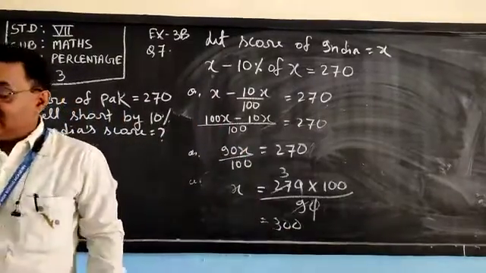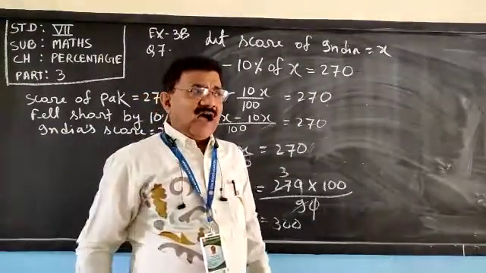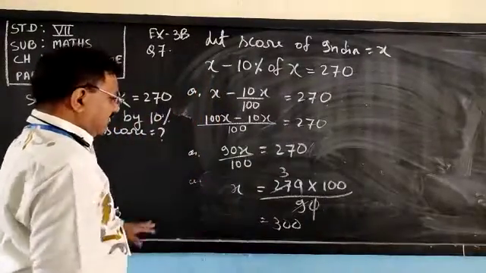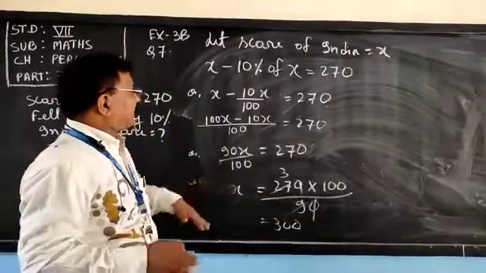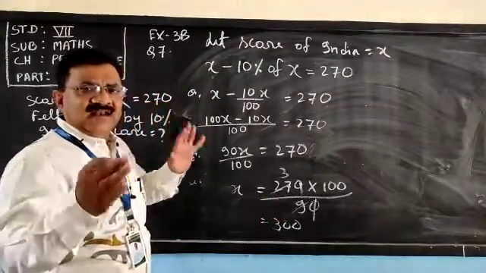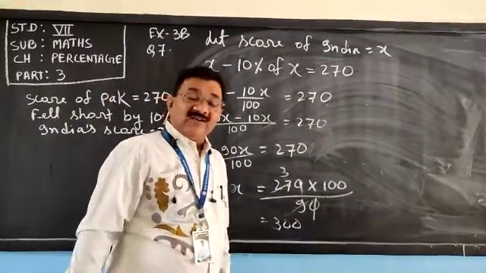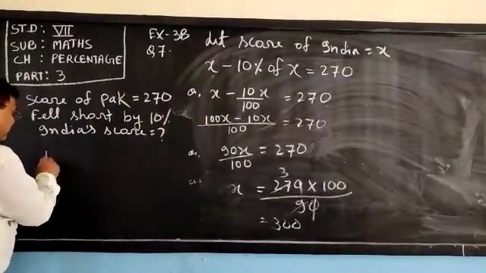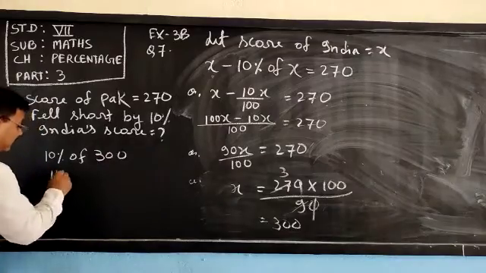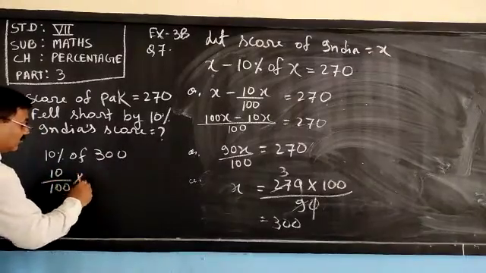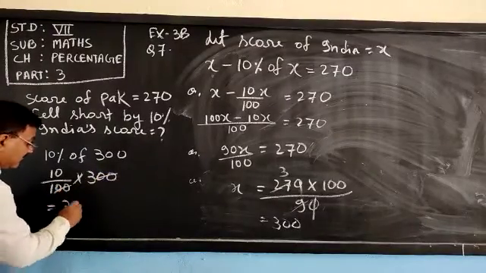That is the answer. Now dear children, whether you are correct or not, how to find? See here, India scored 300 and 10% less is 270. Let us subtract 10% of 300. So 10% of 300 means 10 by 100 into 300, is equal to 30.